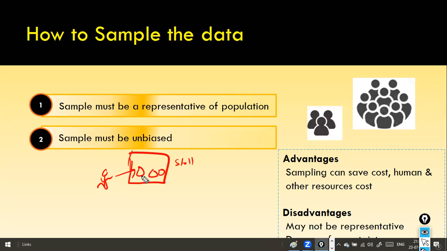So before you buy it in bulk, what do you do? You take a sample. You ask them to give a small piece of each of these three varieties, and then you taste it, and then you generalize about the quality and taste of these three varieties of sweets, and only then are you going to buy.